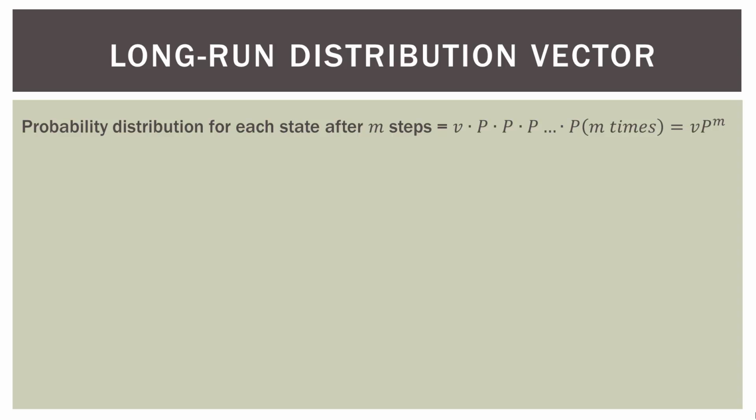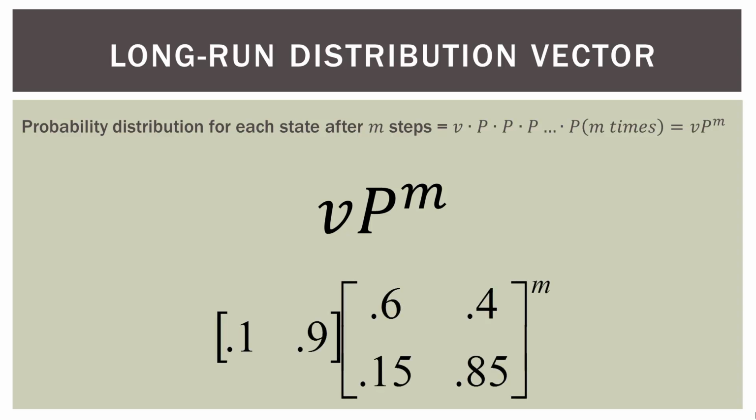So if you look at V times P, that's what we just did in the previous slide. But we're interested in however many times we want to go. So we can generalize that into this form: V, our initial state vector, times P, our transition matrix, raised to the m power, depending on how many steps into the future we're interested in.